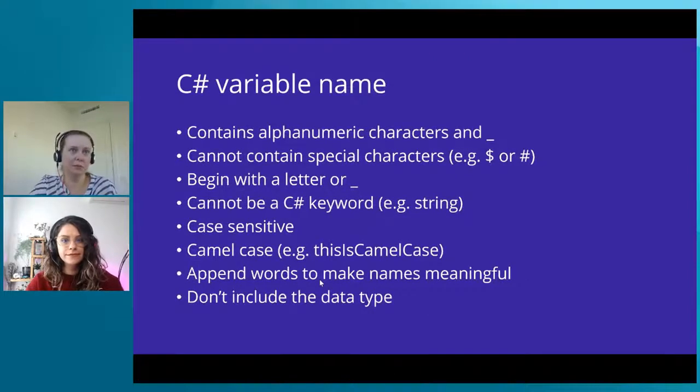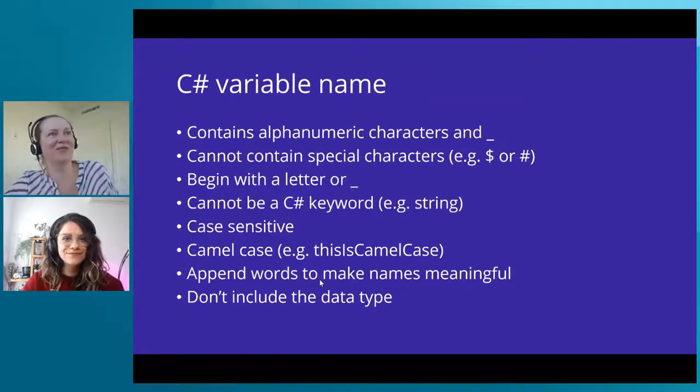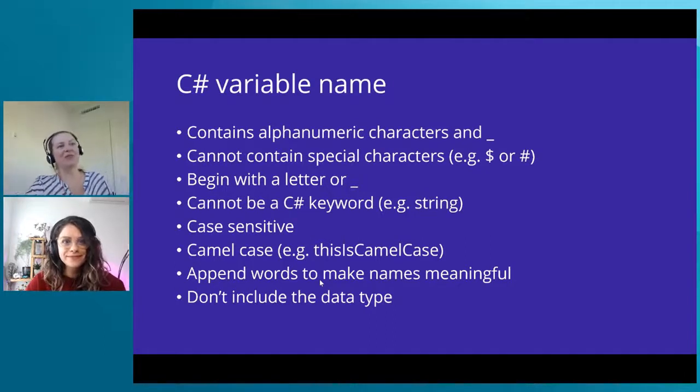Look at how many rules you have just for variable names. It contains alphanumeric characters and underscore, so no special characters. It begins with a letter or underscore. It cannot be a C# keyword, so string or true, false, any of the C# reserved keywords cannot be used for naming. It's case sensitive, so if you use different casing, it's going to be two different things.